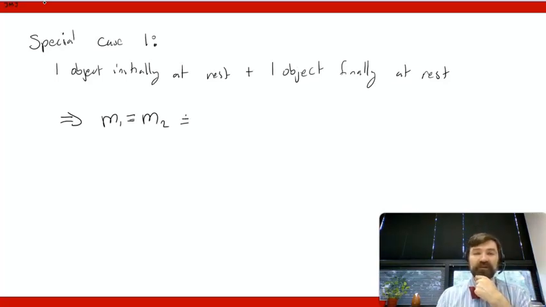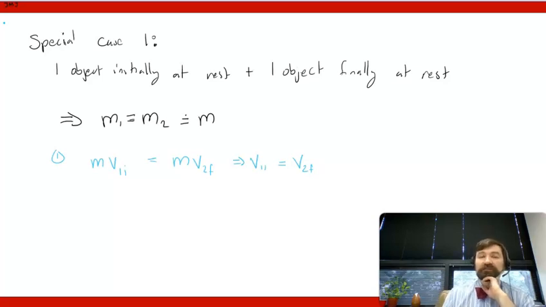So we could just say this represents M, and so M1 becomes M, let's say M V1 initial equals M V2 final. And this essentially implies that V1 initial is equal to V2 final.